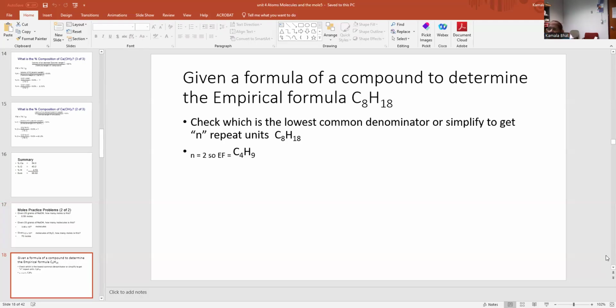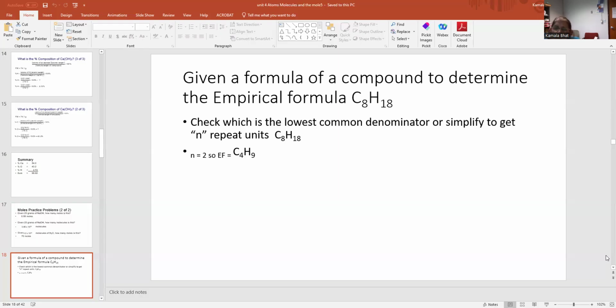That means whatever the formula is given to you, see whether you can simplify that particular formula. When I say simplify, it means the number of atoms. You check whether the number of atoms can be simplified or lowered down. And by how many units can you lower down?